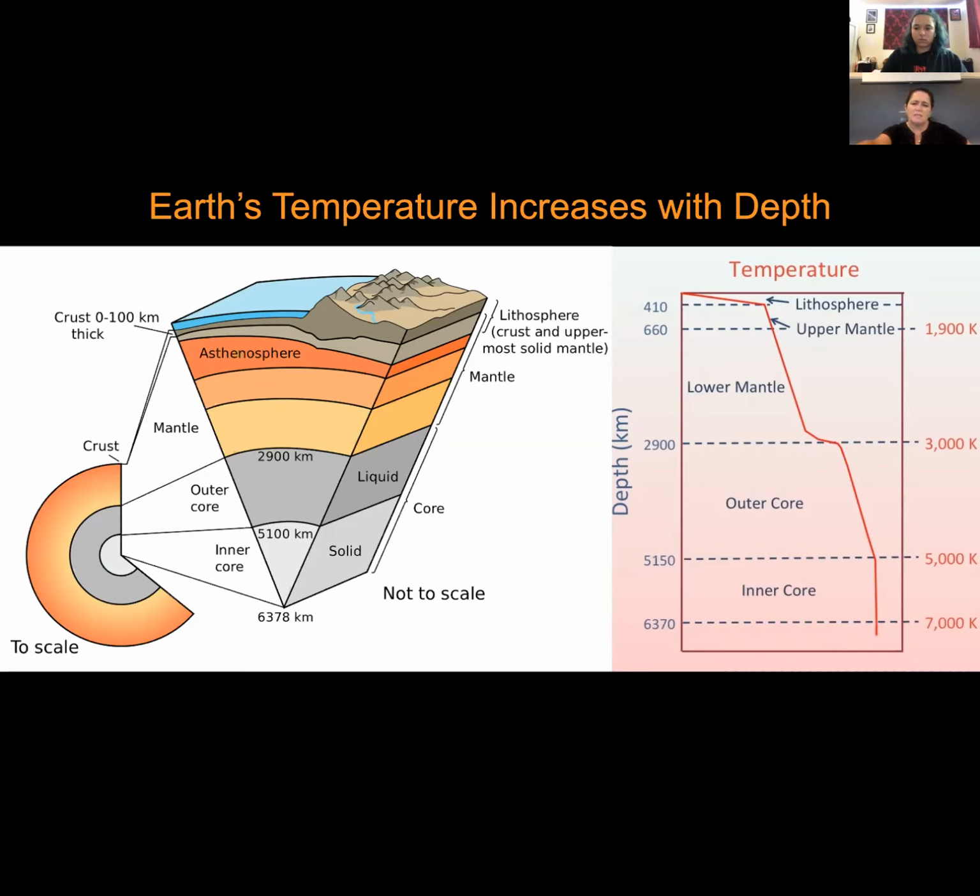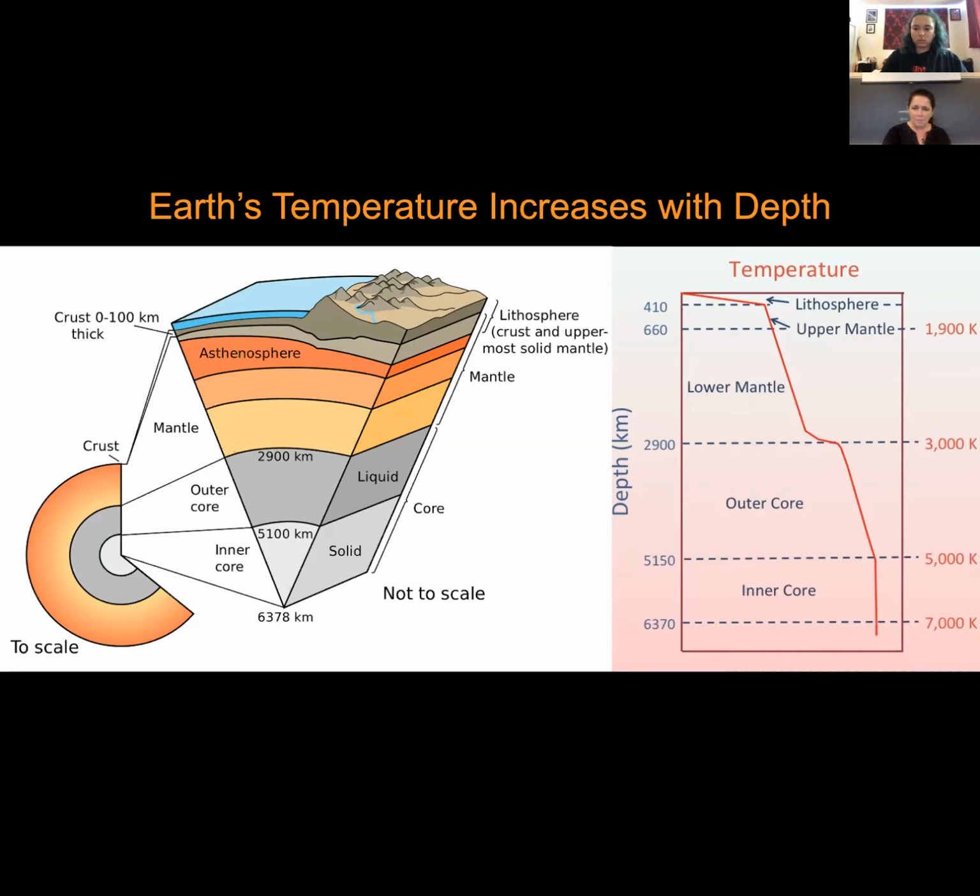The heat is increasing really rapidly through the upper mantle, lower mantle, through the mantle. The lithosphere has a shallower line. The shallower line indicates a less rapid, slower heating because the rocks of the crust are not good conductors.